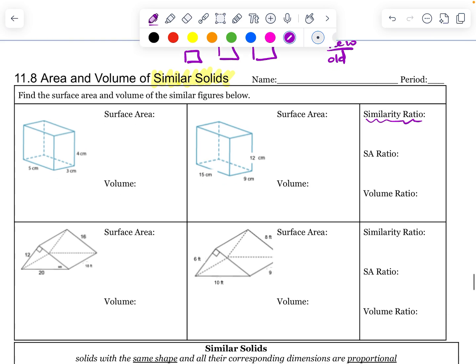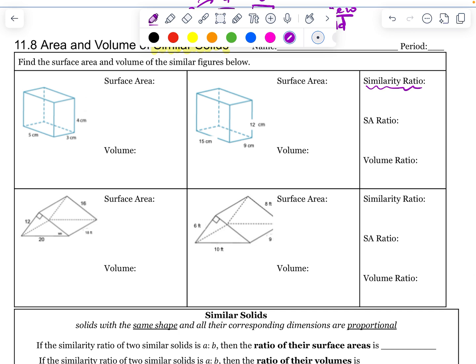Review. So the first part of this is finding the surface area and volume of a bunch of different shapes. Giving you some time to do that. Surface area is 2 times the base plus the perimeter of the base times the height. So 2 times 15, plus the perimeter is going to be 16 times 4.